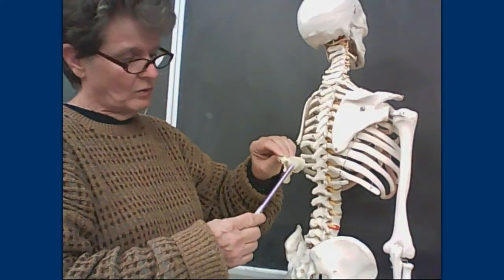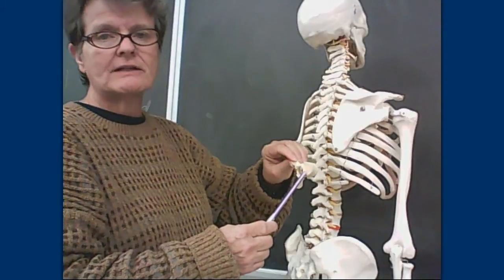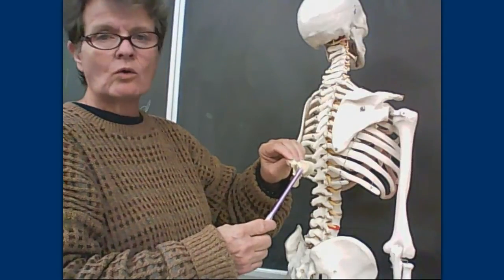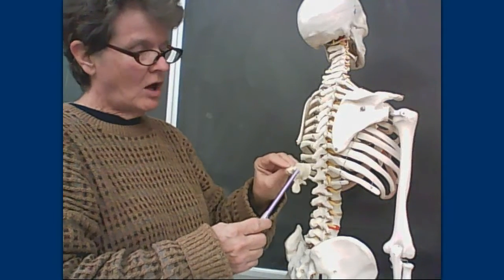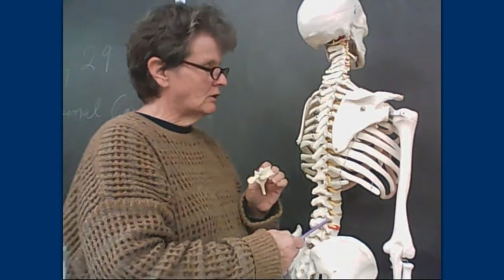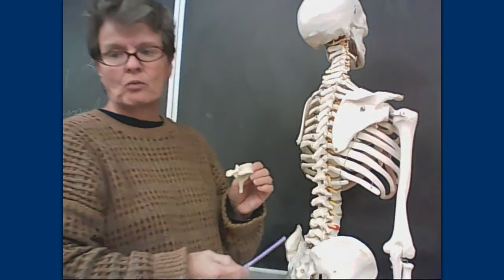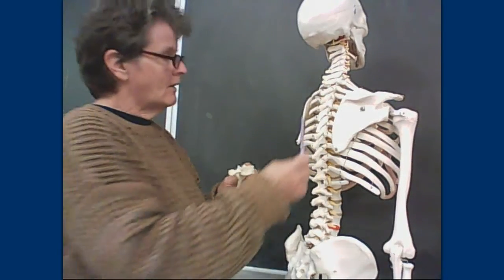Still not real large, larger than the cervical vertebrae because it's holding more weight, but not as big as down here. So the next vertebrae, there will be 12 of them, will be the thoracic vertebrae.